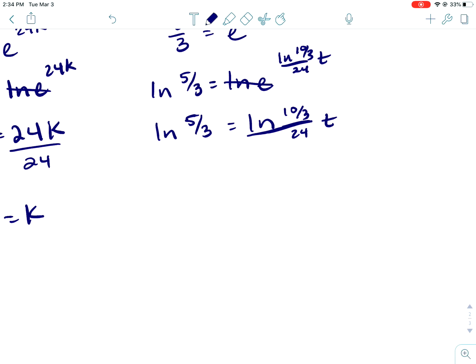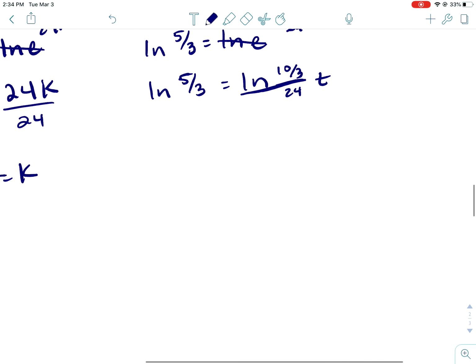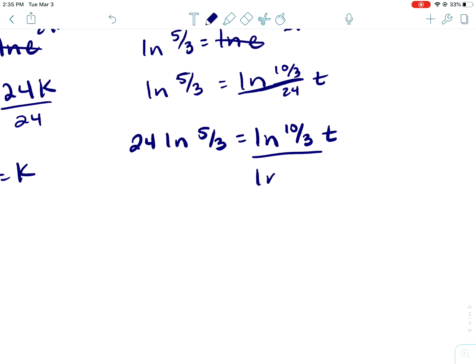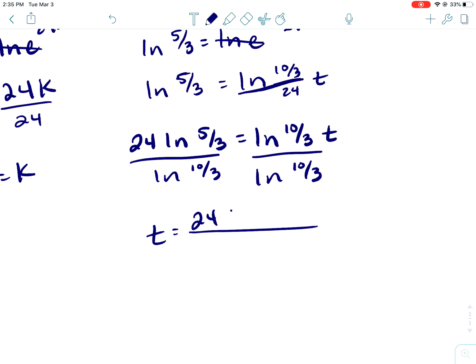Make sure you make your division bar longer. Okay, we want to solve this for t. What would y'all do first? Multiply by 24, smart. Okay, and then divide by the natural log of 10/3. So that's what our t is, that crazy fraction.